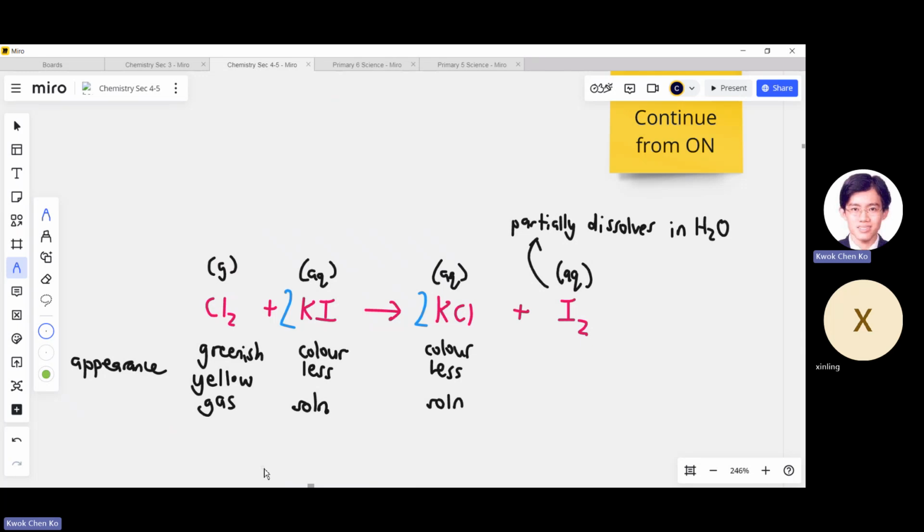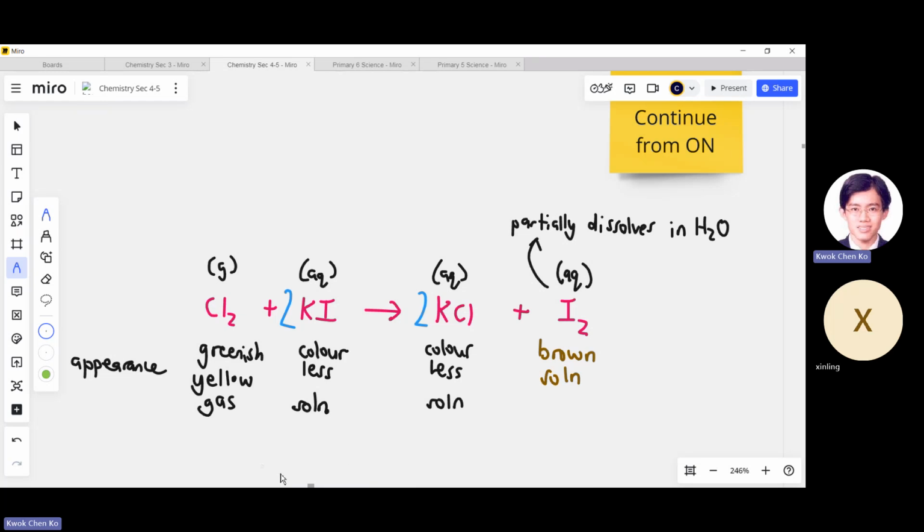This one you have to remember. I2 dissolved in water, what is the appearance? You must remember, highlight it. It's going to be a brown solution. You do not see many brown solutions around. Remember this.